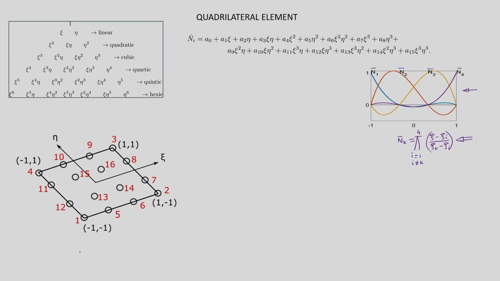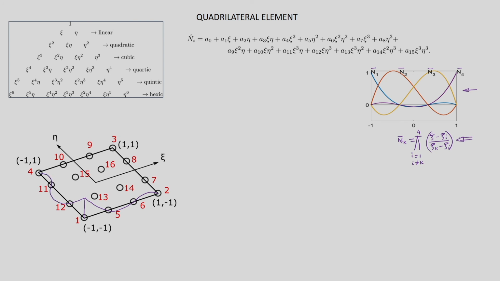So, we will take the product of them. Alright. Let us try to look at it. So, n1 is 1 at node 1, it varies with the degree p, alright, that is a cubic function along xi, and it is also varying like this in eta.